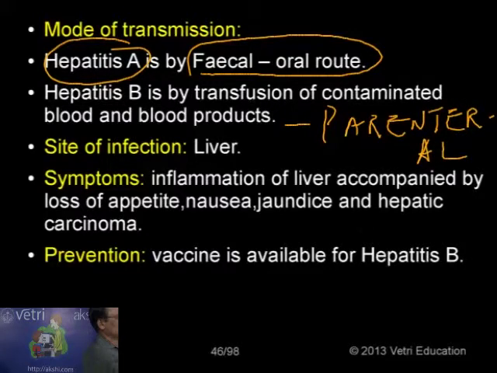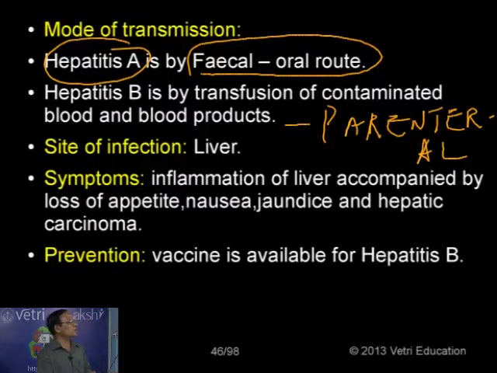So we have the fecal oral route through contaminated food and water taken through the mouth, and the parenteral route, where it is transmitted through contaminated needles and syringes used for transfusion, and through blood and blood products.